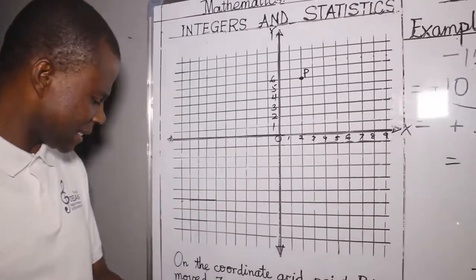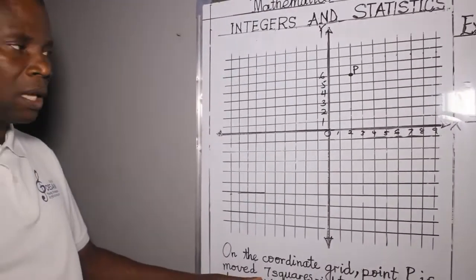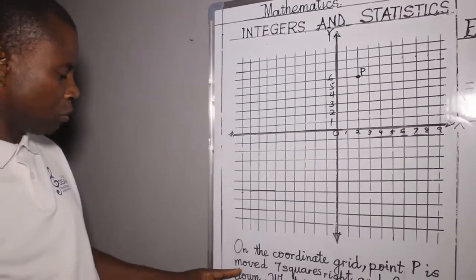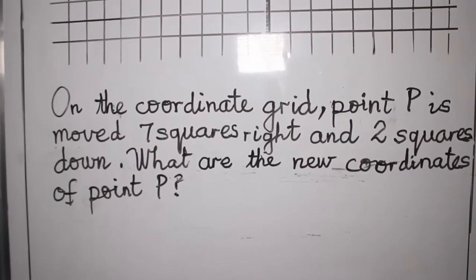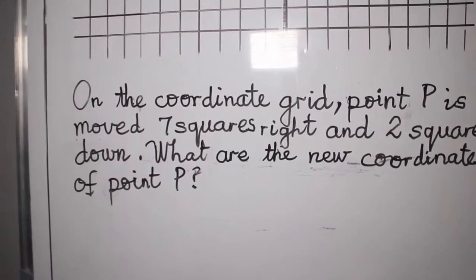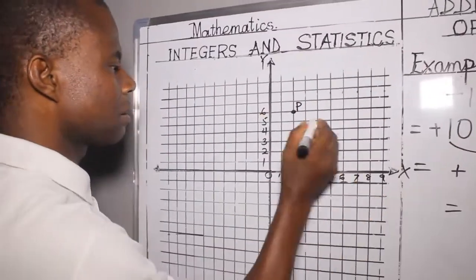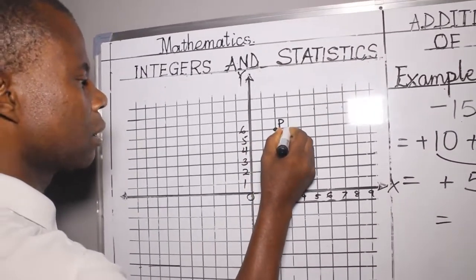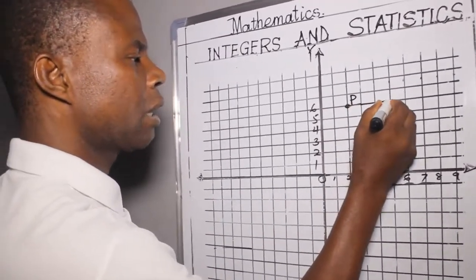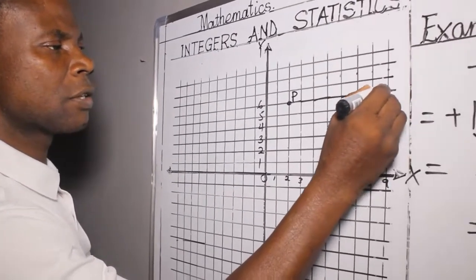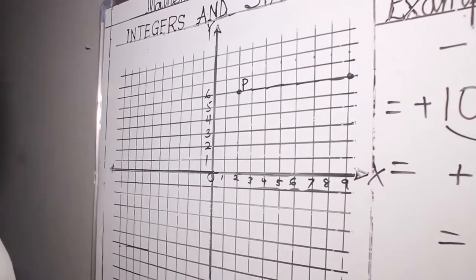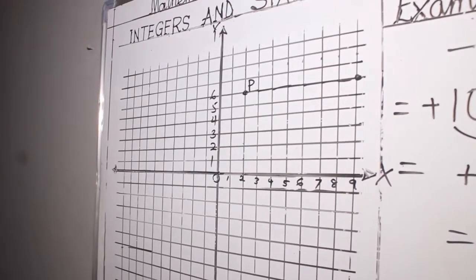Now, the question says if point P moves 7 squares right, meaning moving to the right, this is 1, 2, 3, 4, 5, 6, 7. So P will be here. Now the question has not ended.